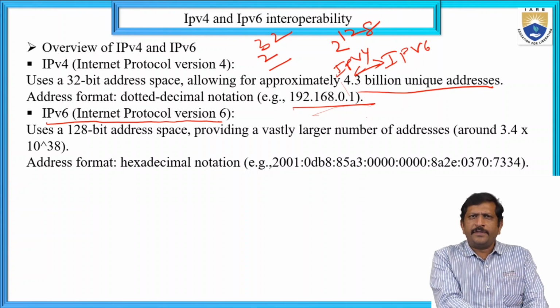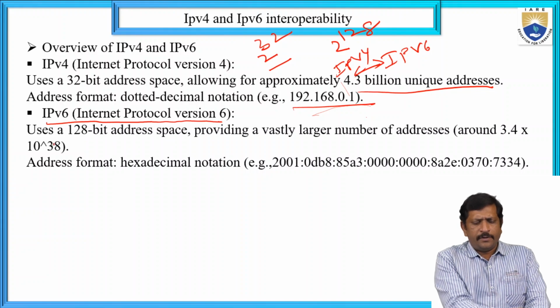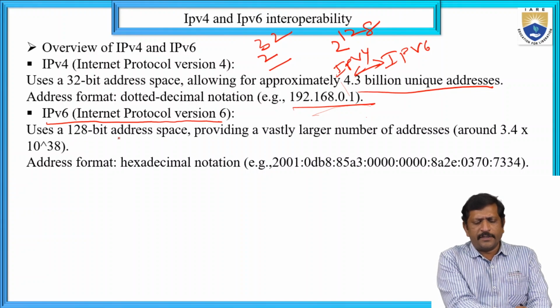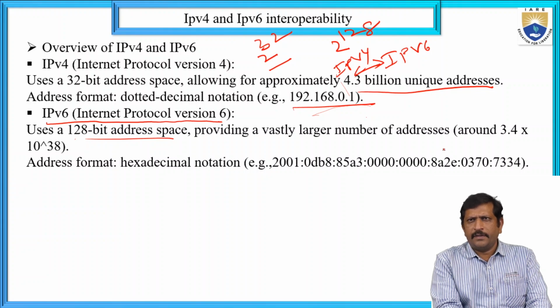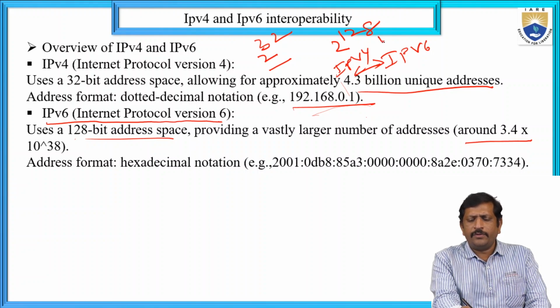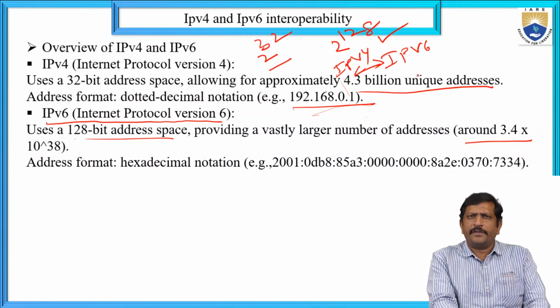Here in IPv6, we use a 128-bit address space, which provides a large number of addresses, around 3.4 times 10 to the power of 38. Why? Because here we are using 2 to the power of 128 IP addresses.